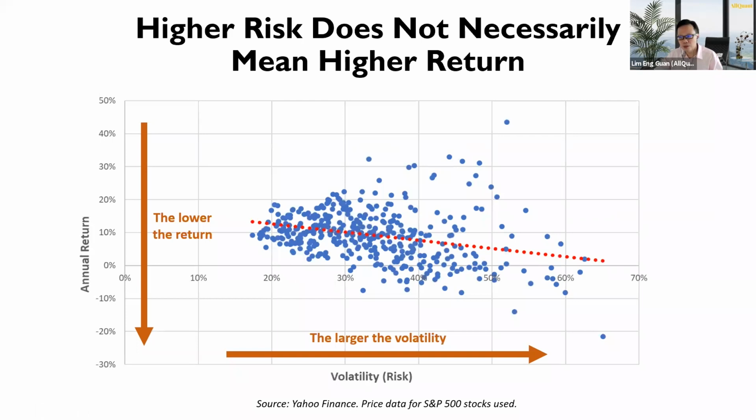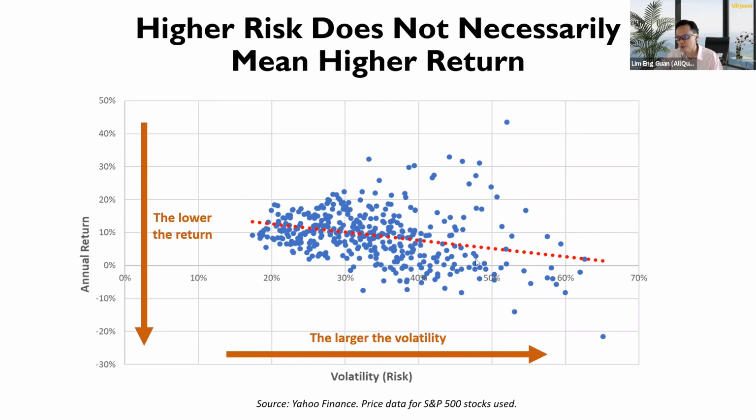So if you look solely at individual securities, higher risk actually does not translate to higher returns. In fact, it is the reverse. This is a scatter plot of the annual returns of the 500 stocks inside the S&P 500 index plotted against their volatility or risk. There may be a few outliers over down here that do exhibit high returns at higher risk, but those are few and far between.